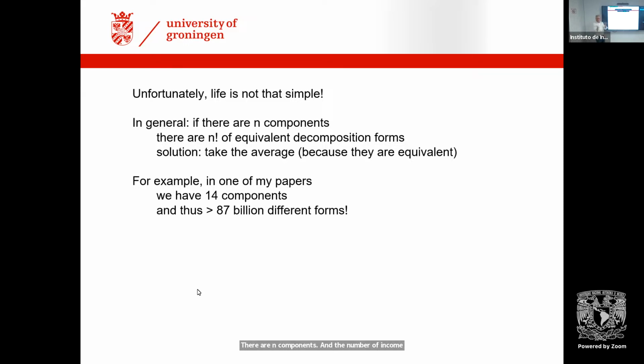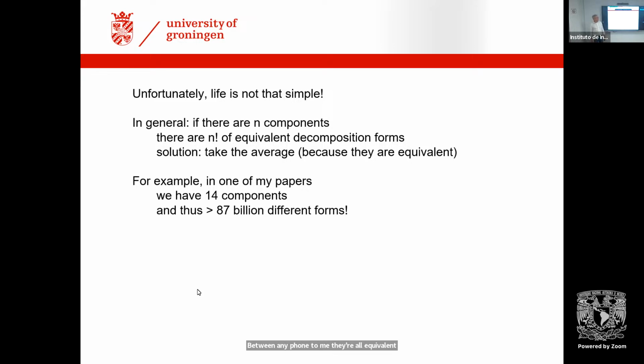It's the number of times that you can reorder the n components. And the solution that we proposed is to take the average, because I cannot make a choice between any form. To me, they're all equivalent.